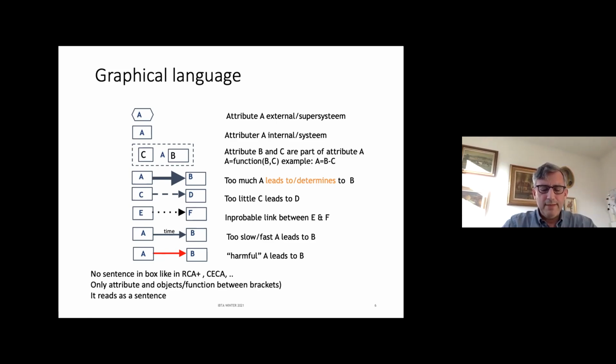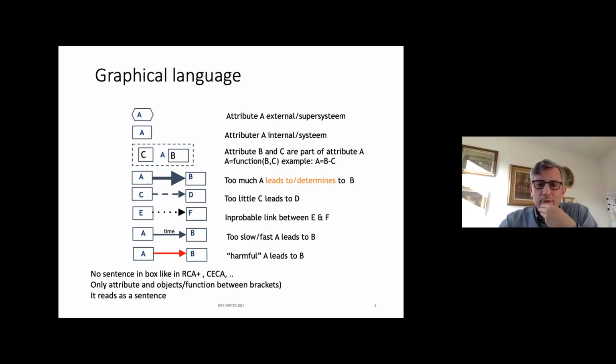And the difference with RCA+, for instance, or SECA models is that there are no sentences anymore. In each box, you have one parameter. You might have the object or the function in brackets. So it's more specific, more defined, more closed.